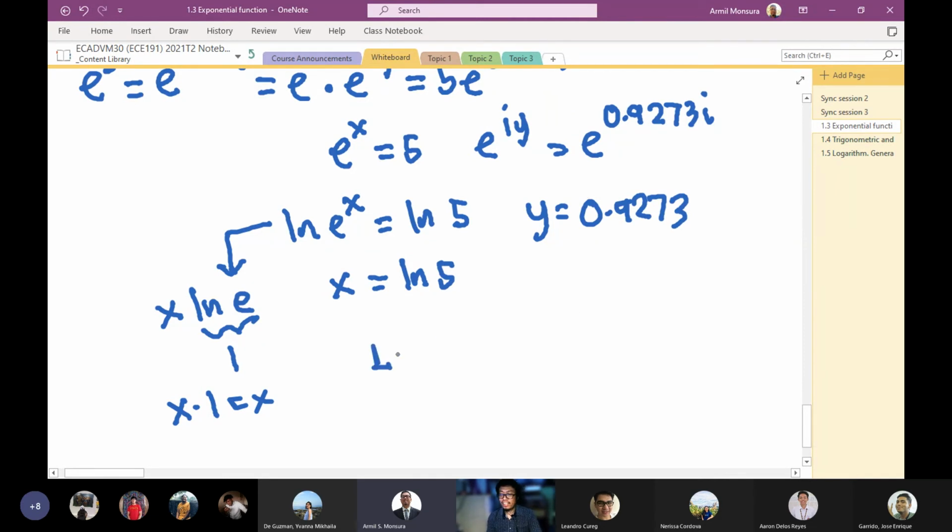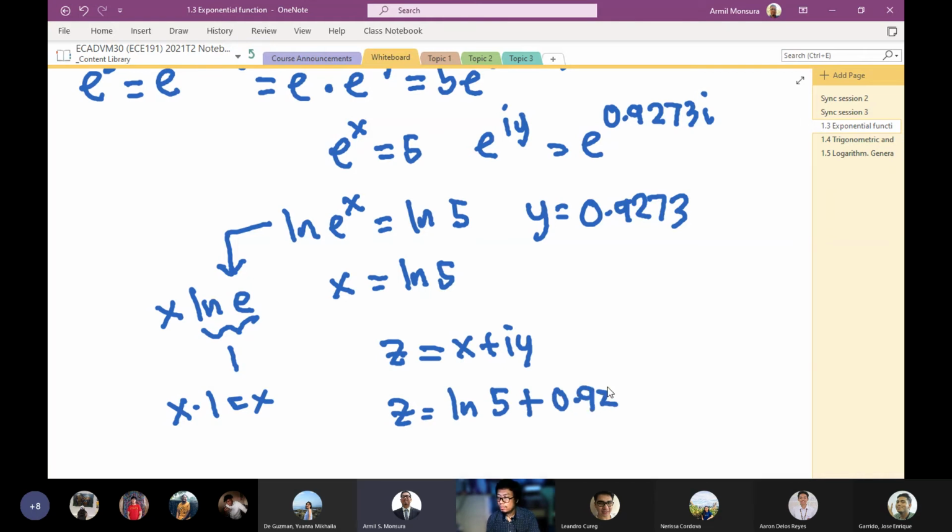If your z is equal to x plus iy, that means, based from the values that you obtain here, your z is equal to ln of 5, that is your x, plus 0.9273i. Okay, so that's the value of your z. Again, ang objective natin for this problem is to solve for z. Is that clear?